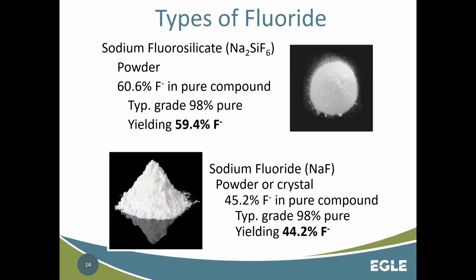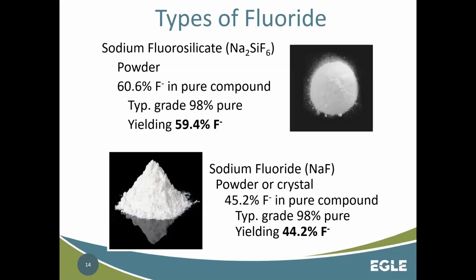All right, two other commonly used types of fluoride are in the powder form, and that is sodium fluorosilicate, or sodium fluoride. And sodium fluoride is what we have in our toothpaste.